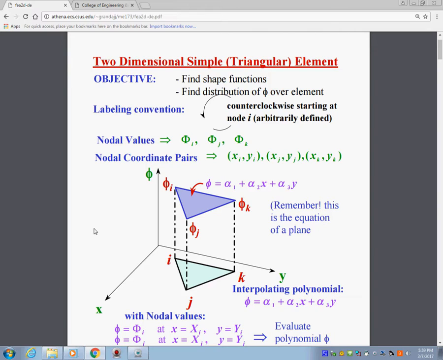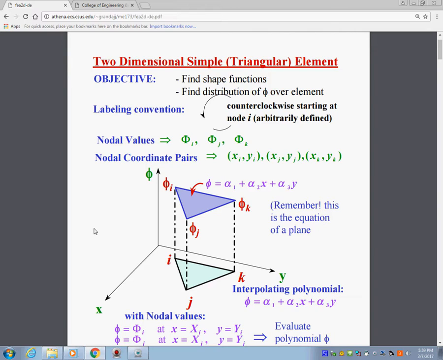Just like in one-dimensional elements we use linear interpolation, and we said that the solution within a one-dimensional element was linear, we are going to use the convention here that the solution is a plane.